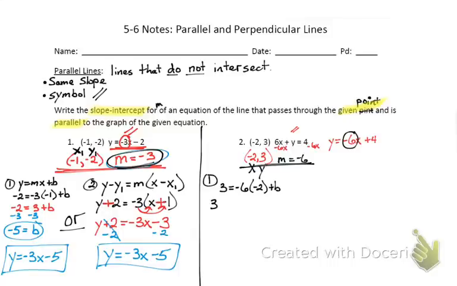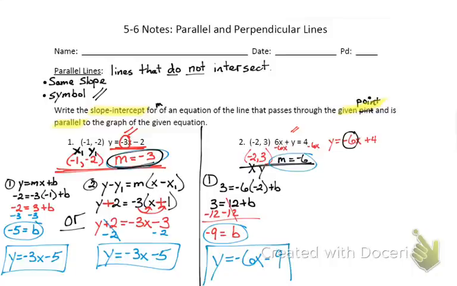So we say 3 equals positive 12 plus b. We then subtract 12. 3 minus 12 is negative 9 equals b. And if we know our b and our m, we can write our answer y equals negative 6x minus 9.